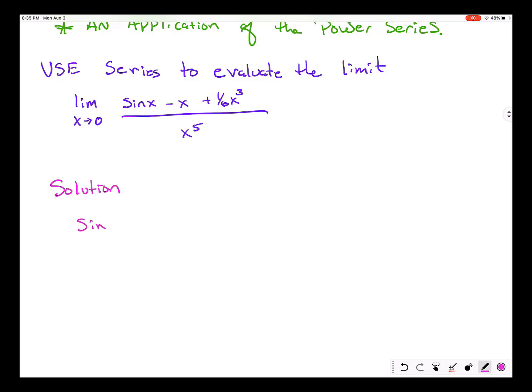The sine of x as a power series is equal to the sum as n equals 0 to infinity of minus 1 to the n times x raised to the 2n plus 1 over 2n plus 1, the whole thing factorial.